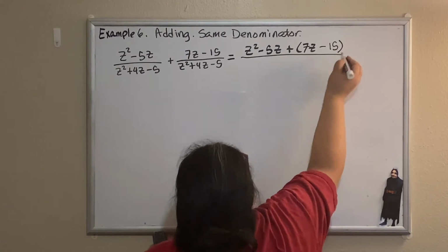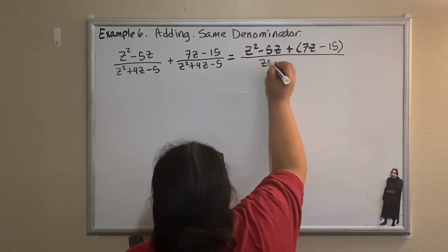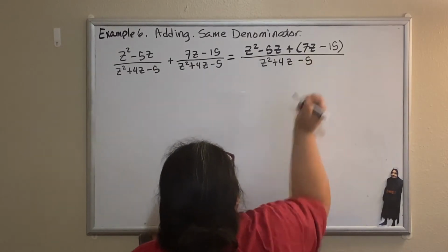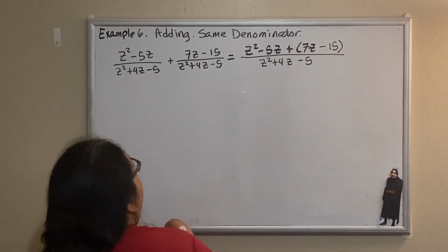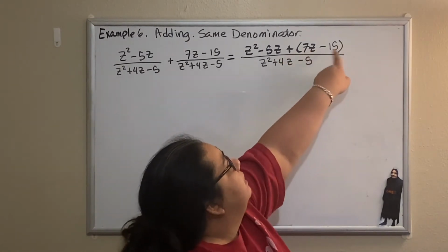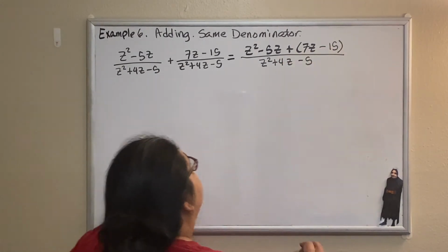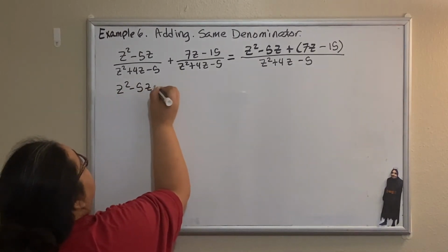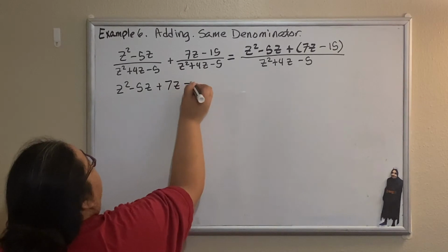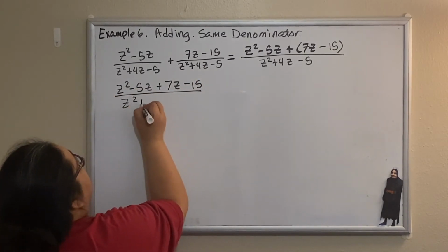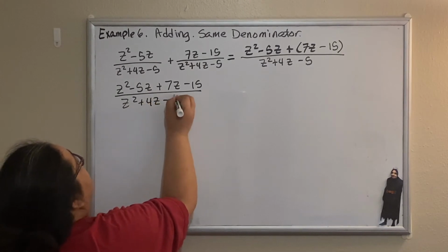And all of that is going to be over z squared plus 4z minus 5, okay? So the plus sign here means I don't need to change anything. I can just rewrite it. So I can just rewrite this as z squared minus 5z plus 7z minus 15, and all of that's going to be over z squared plus 4z minus 5.